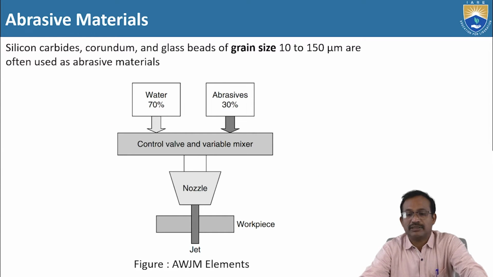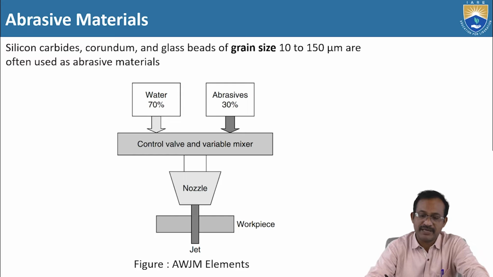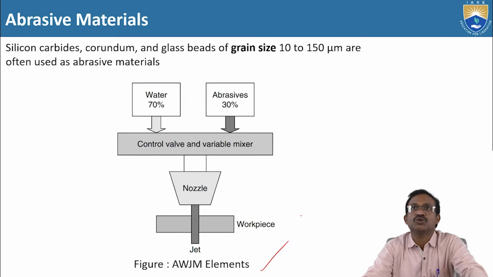Next, the mechanism and the grain size and other elements of abrasive water jet machining are shown in this figure.